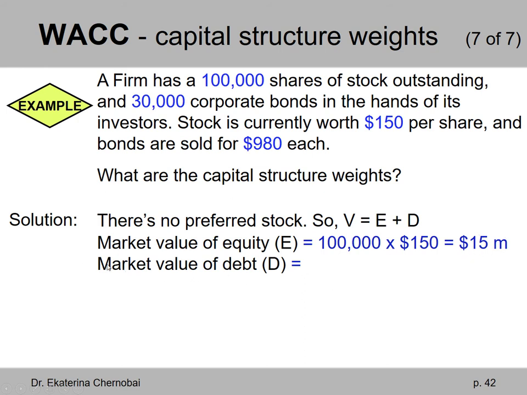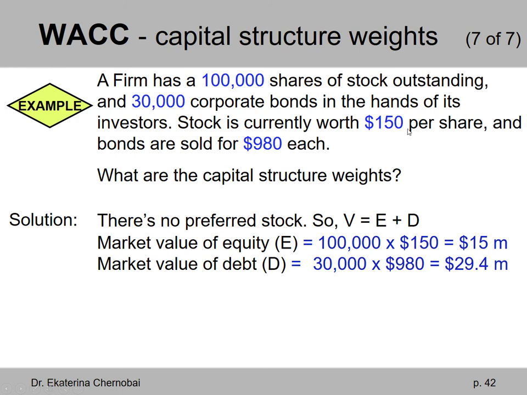Similarly, we can calculate the market value of debt, which is the number of bonds, 30,000, multiplied by the market value of each bond, $980. How do we know that 980 is market value rather than book value? First, book value is usually $1,000, like the face value of each bond.